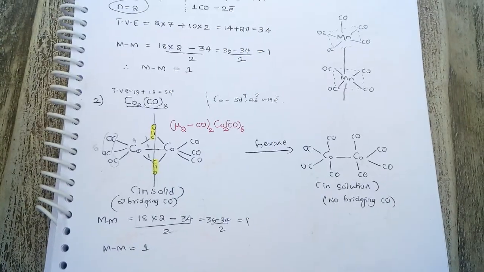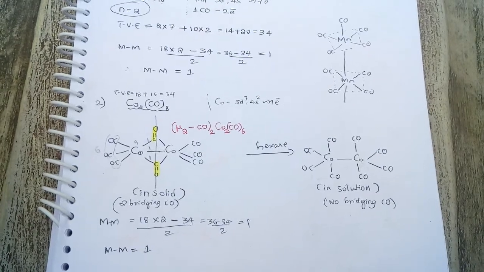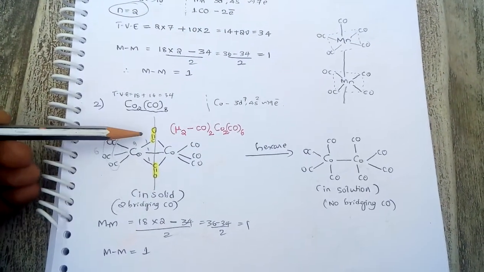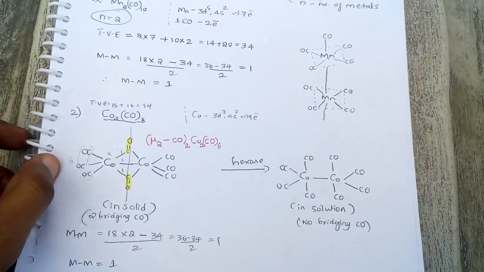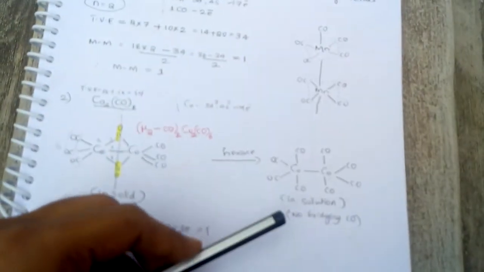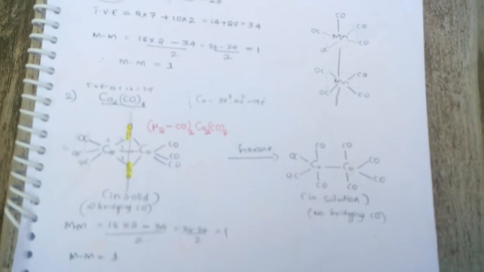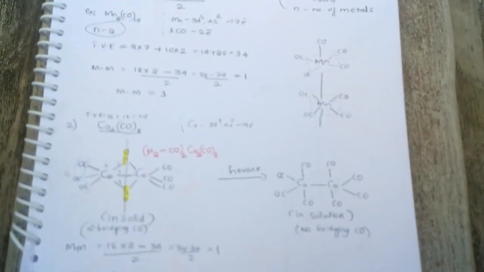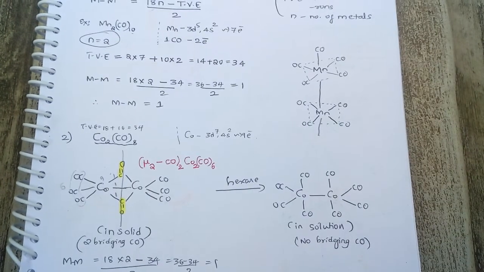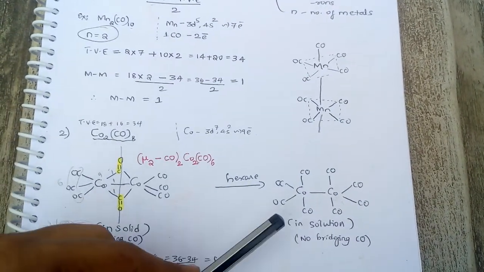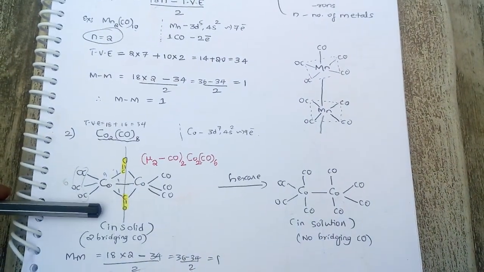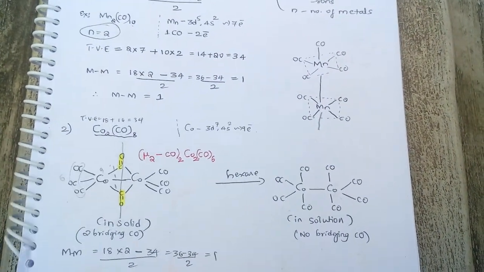In examination they will ask how many bridging CO carbonyl groups are present. In solid state we have 2 bridging CO groups, but in solution state those bridging bonds are converted into terminal carbonyl groups. So in solution no bridging CO is present, but in solid state we have 2 bridging carbonyl groups.